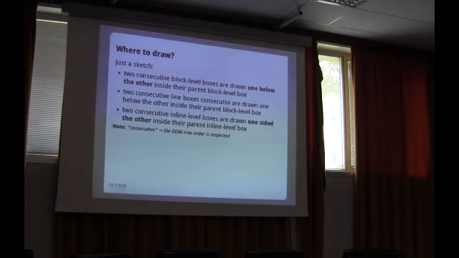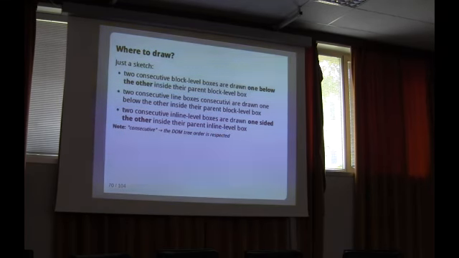How to place boxes? Well, it's quite easy if you consider the parallel I told you before, because two block level boxes, as two paragraphs, are simply to be drawn one below the other. You take the screen, which corresponds to a rectangular region. You have to place two boxes that are block level boxes.